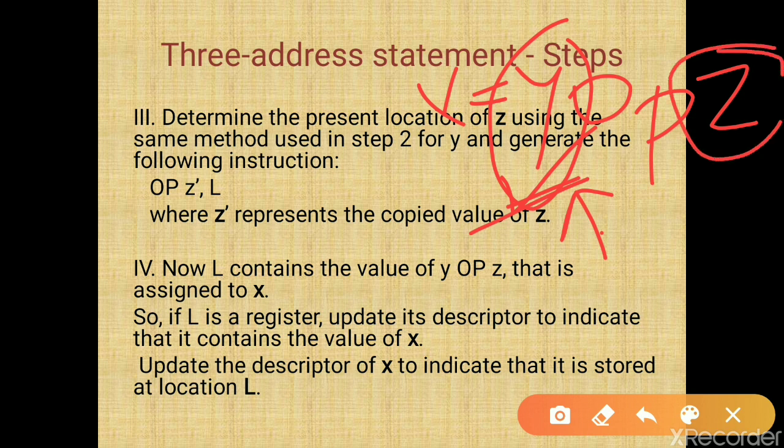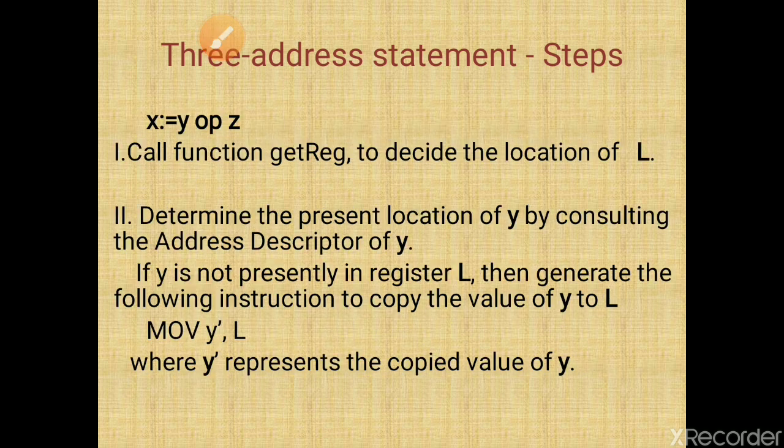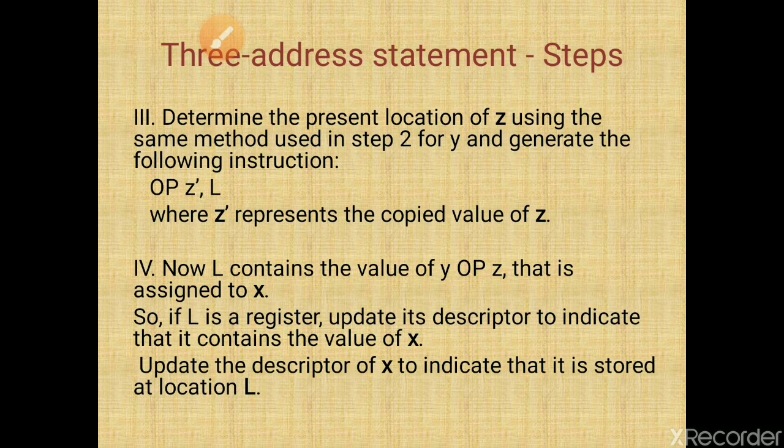If it is present, it will use the same method as Y: determine the present location by consulting the address descriptor. If that value is not present in any register, we will call the operation OP Z dash comma L, where Z dash gives the information regarding the copied value of Z.